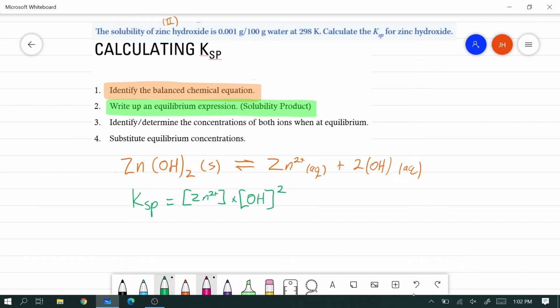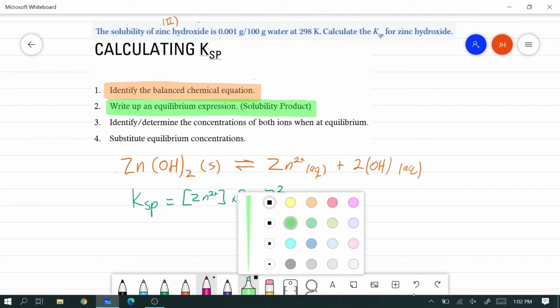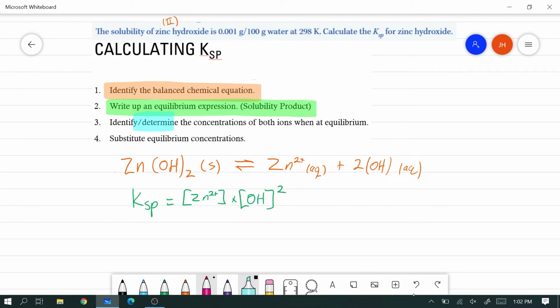What we then need to do is determine the concentrations of our ions when it's at equilibrium, and then put all of that in steps 3 and 4. So what I'm going to be doing next is determining in this question the concentrations of both of those ions, and that's going to be based on this information here, what the solubility is up in the question.